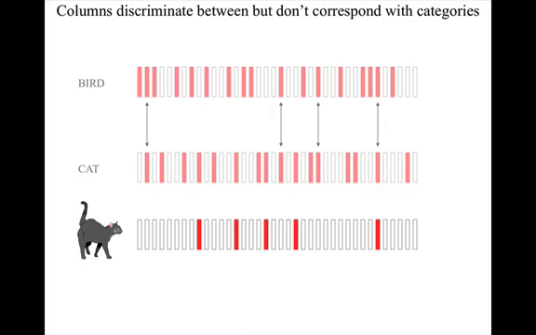But for any specific instance of cat, the predominant recommendation strength across all the detected receptive fields needs to be in favour of, for example, saying that's a cat. And similarly, for any specific instance of bird, the predominant recommendation strength needs to be in favour of saying that's a bird. So the key requirement is to ensure that columns can provide adequate discrimination between input states with different behavioural implications.